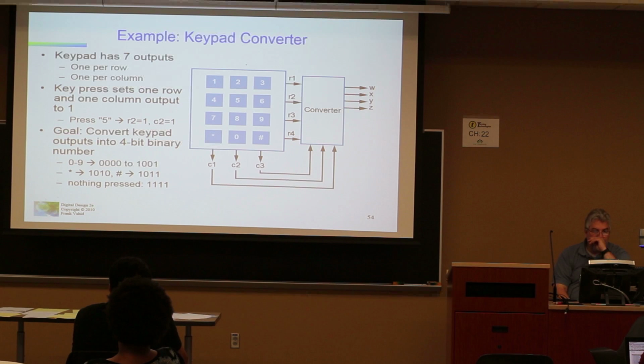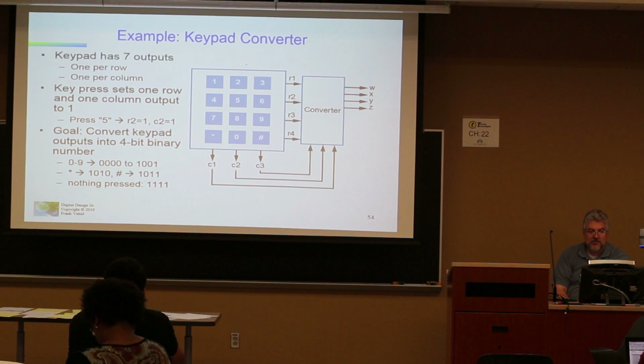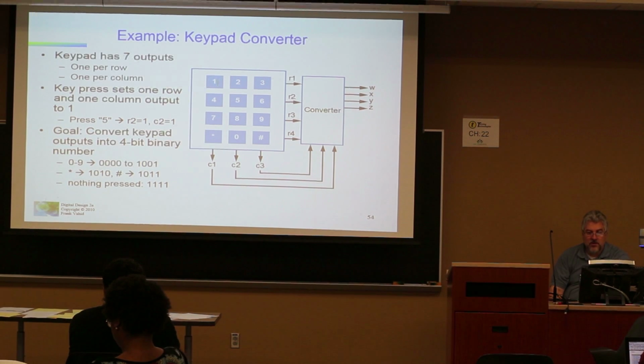Here's another example. Let's say we have a keypad converter, and if we press a 1 here, we'll get a 1 show up here, and we'll also get a 1 to show up on C1.